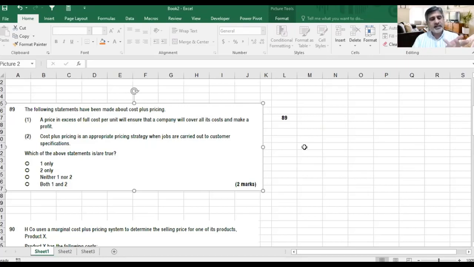You add your material cost, labor cost, variable overhead, and your fixed overhead. Whatever the cost comes, you don't care. Whatever the cost comes, you add your markup on the top of that. So you say that, whatever will be the cost, I need my 20% on the top. And by the way, cost plus pricing, I call it a traditional method. It has a lot of internal focus, and you do not consider your customers.